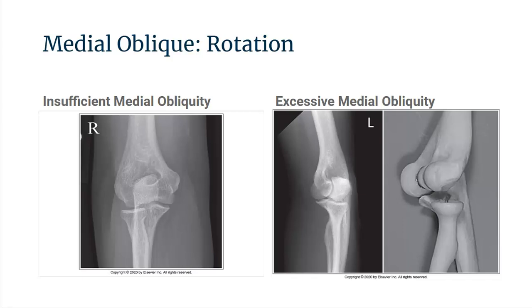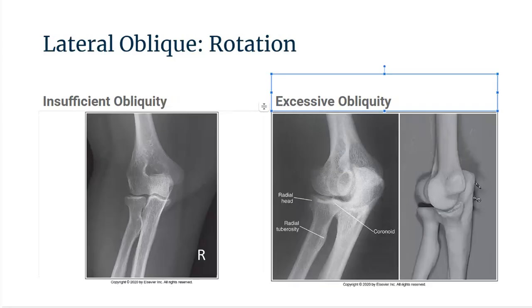As a result, less than 3/4 of the radial head superimposes the ulna. Conversely, when the humeral epicondyles are positioned at more than 45 degrees of obliquity, this is excessive medial obliquity. In this case, more than 3/4 of the radial head superimposes the ulna. Ensuring that the correct 45 degrees of obliquity is achieved is essential for an optimal medial oblique elbow projection.